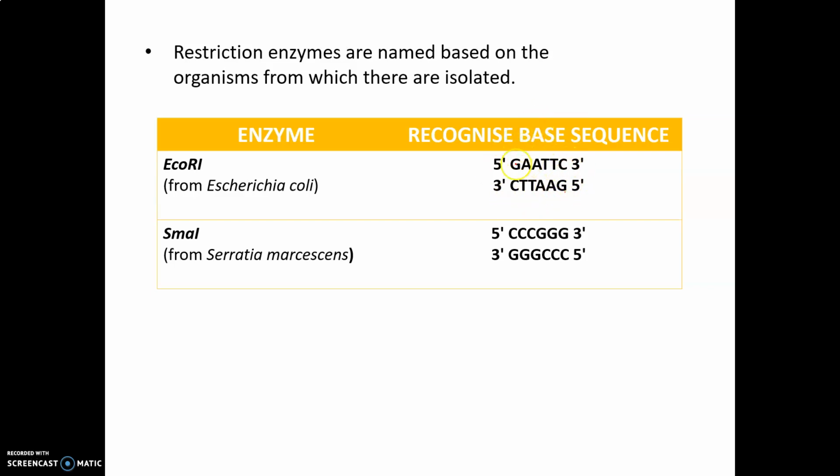Ni yang kita panggil palindromic sequence, di mana when we read it from left to the right, from right to the left, dia akan sama saja. GAATTC, GAATTC. Okay, another one is we have the SmaI, from Serratia marcescens, dia akan recognize CCCGGG. Dan kalau you baca bawah ni pula, memang CCCGGG, sama dengan atas. The way we read it adalah sama.